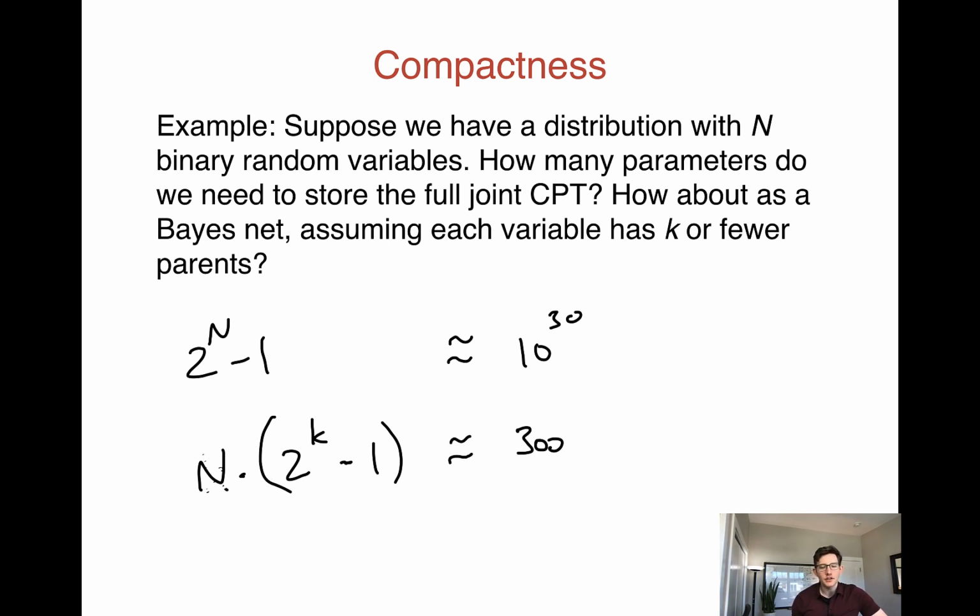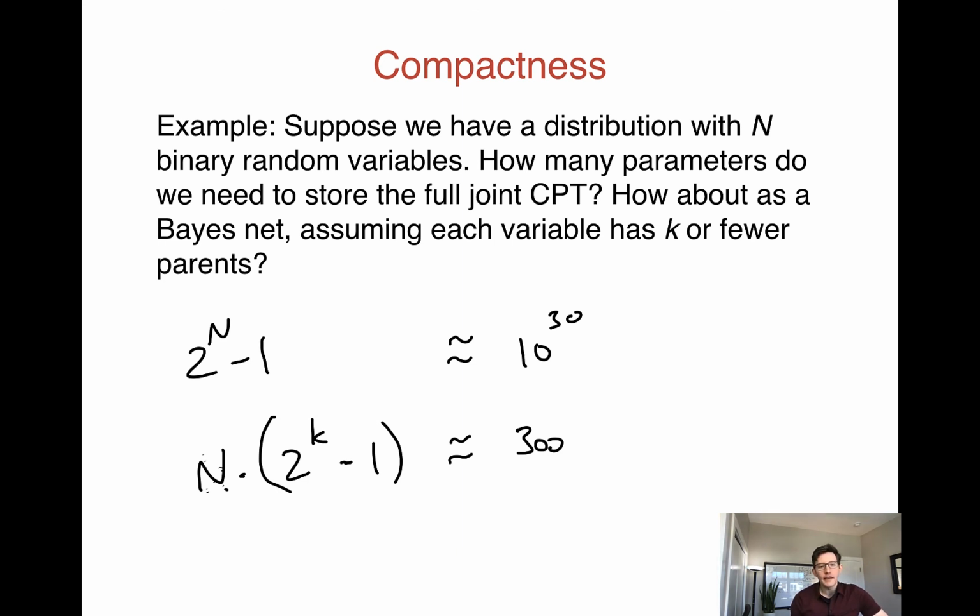It has consequences in terms of running time. Even if we could store the distribution, anytime we wanted to do any kind of inference over it, usually we would have to iterate over all, in this case, 10 to the 30 entries, which would be really, really slow. But perhaps most importantly, generally we want to learn our probabilistic models from data, and the number of parameters we can afford to learn depends on the number of examples we have.